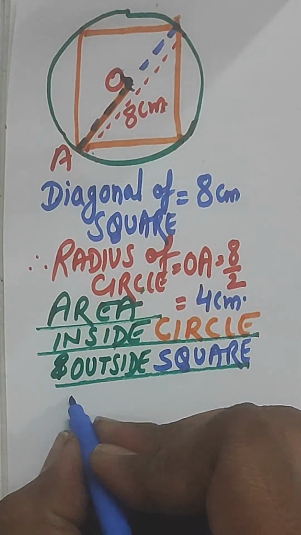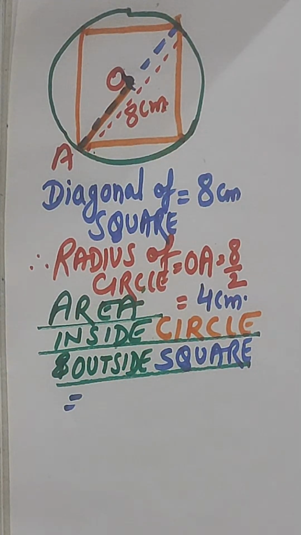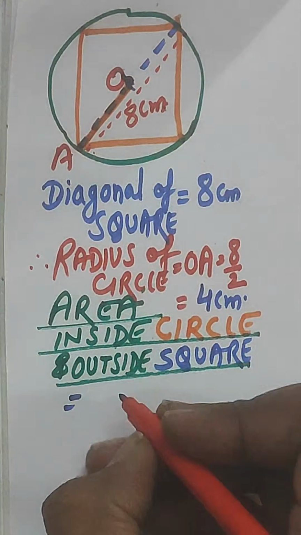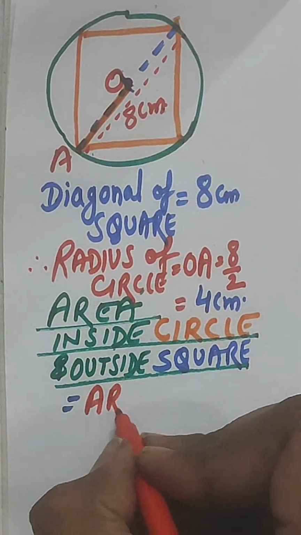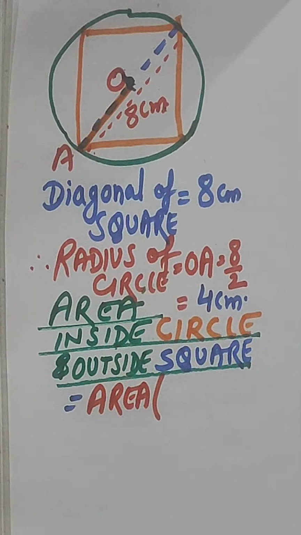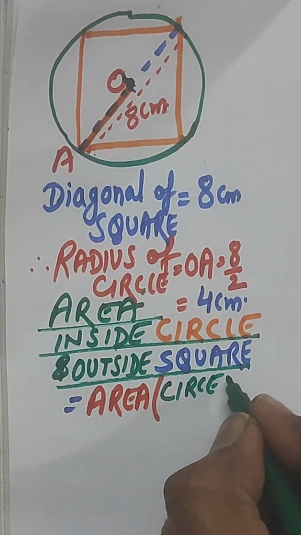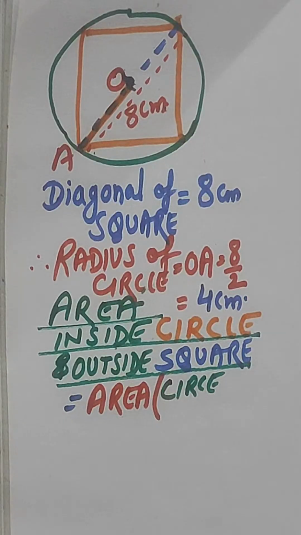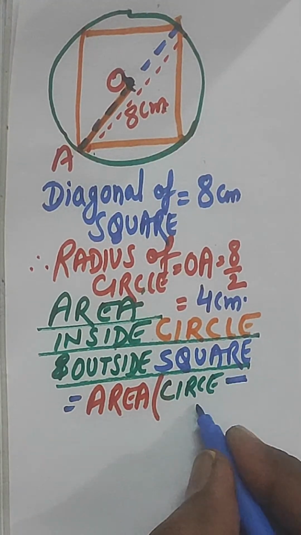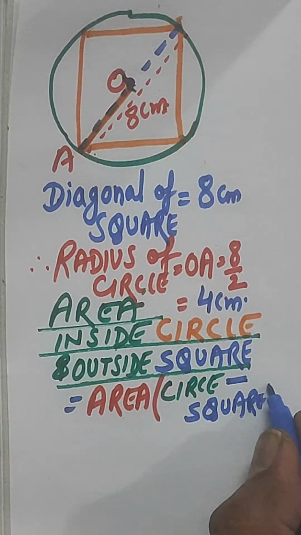So what is the area of circle? This is area of circle minus area of a square, right?